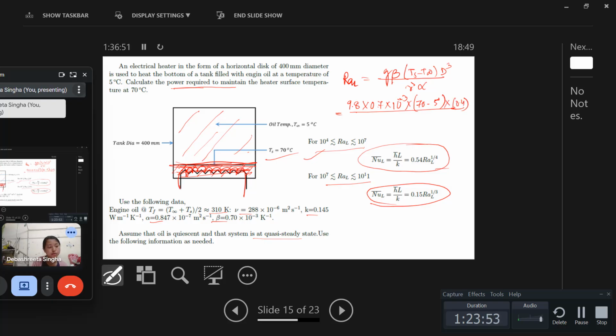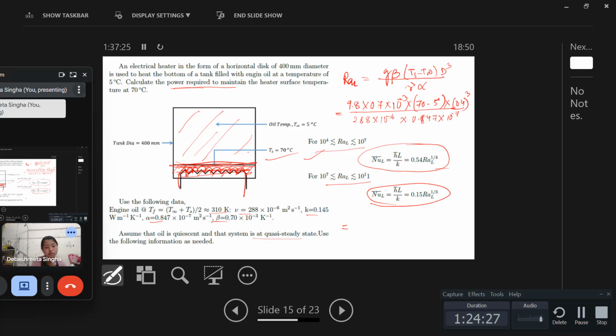D is 0.4, 400 millimeter is 0.4 meter. Nu is 288 into 10 to the power minus 6, into alpha, 0.847 into 10 to the power minus 7. All are in SI units, so you don't need to change anything.